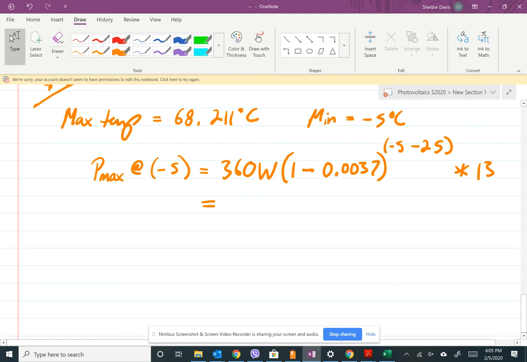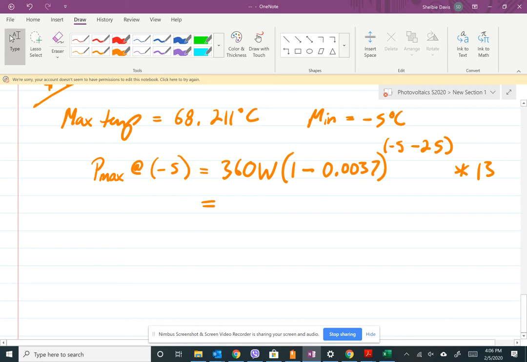We have space on the roof for 13 panels. So 402.34.